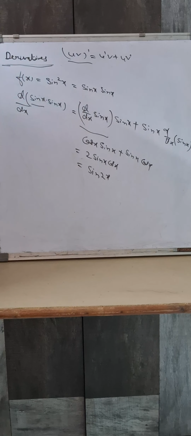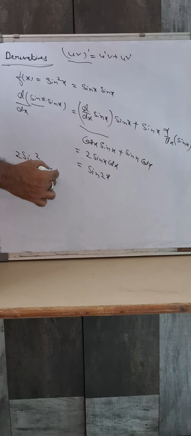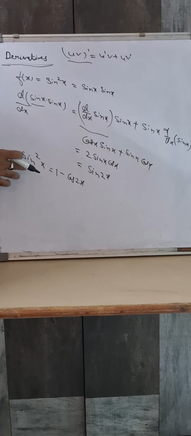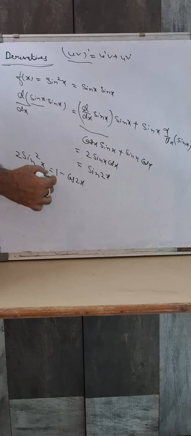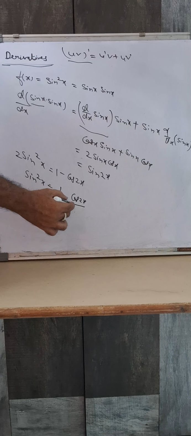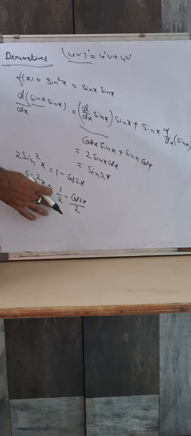Okay. We can do it in a different manner. Sin square x, we know that 2 sin square x equals 1 minus cos 2x. So sin square x equals 1 by 2 minus cos 2x by 2. Now we will differentiate.